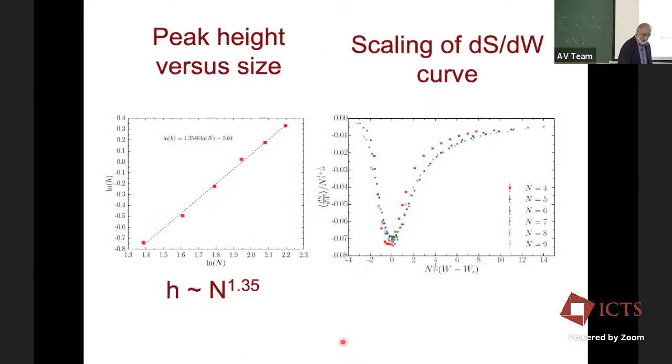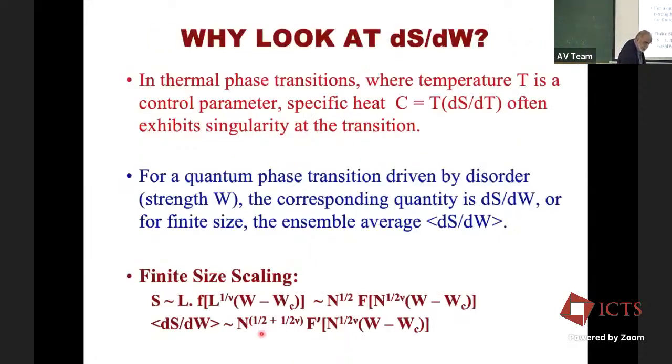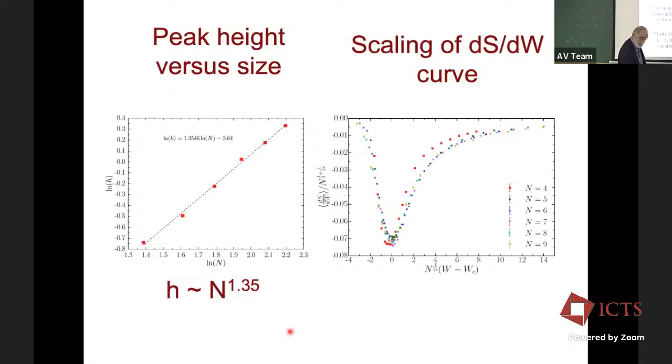All right. So the first thing we noticed was that the height goes as N to the 1.35. So that 0.35 or so must be matched with 1/2 plus 1 over 2ν. How good is it?